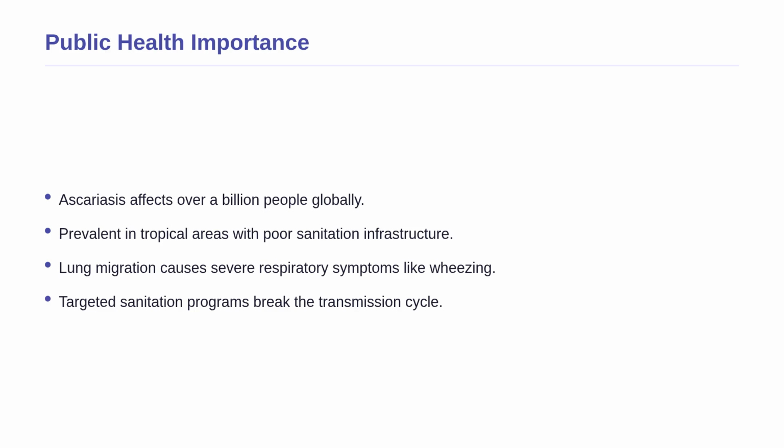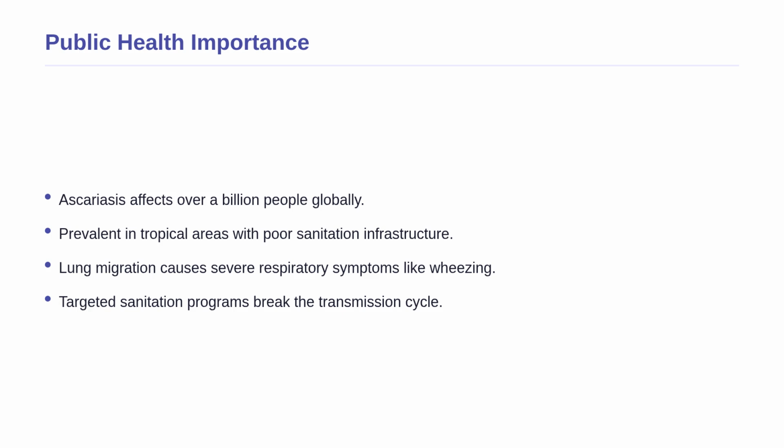Now that we have visualized the life cycle, we must understand why this matters in the real world. Ascariasis is one of the most common human parasitic infections, affecting over 1 billion people globally, especially in tropical areas lacking proper sanitation. Understanding this biological pathway is crucial for doctors and epidemiologists.